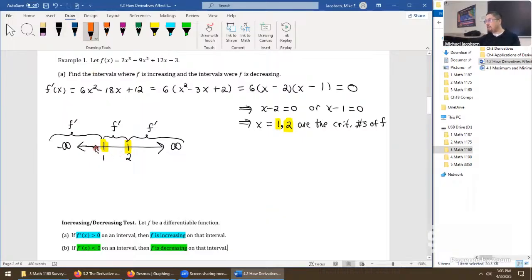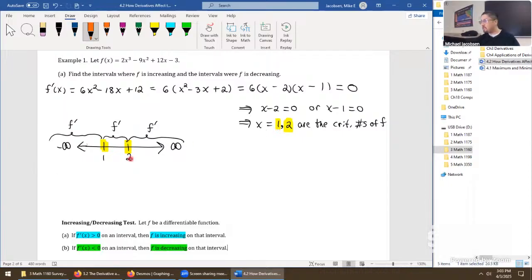In order to resolve what the sign of the derivative is on this infinitely long region, we only need to pick one convenient point. That's kind of amazing in a way, but the reason that's true is there are only 2 points where the derivative goes to 0. So if I find it's negative here, it's negative for all of time. The only way it could flip to positive is if it crossed the x-axis, but the only crossings are at 1 and 2.